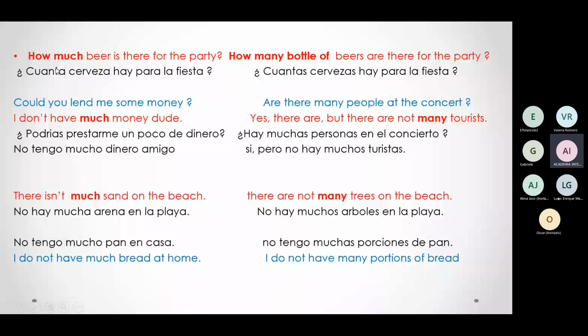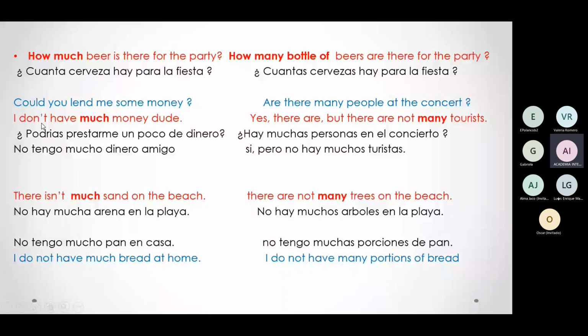Okay, here we have another question. Could you lend me some money? And if you pay attention to the answer, this is a question and this is the answer. Esta es la respuesta. I don't have much money, dude.